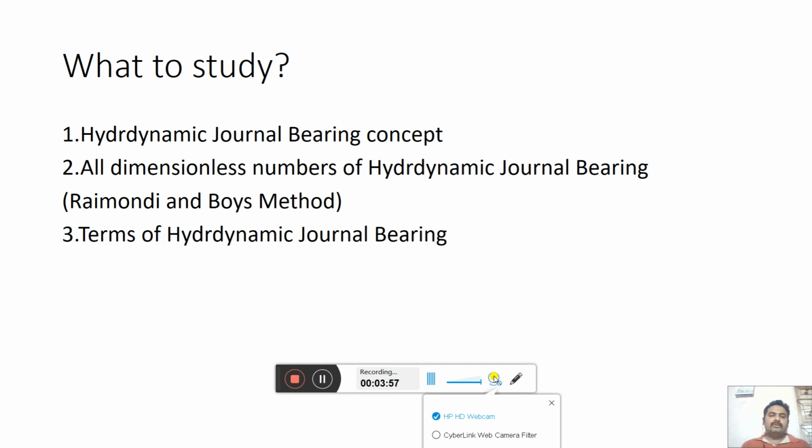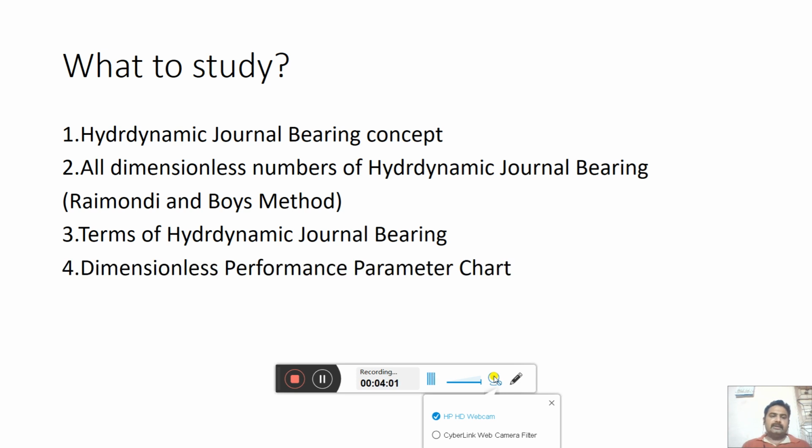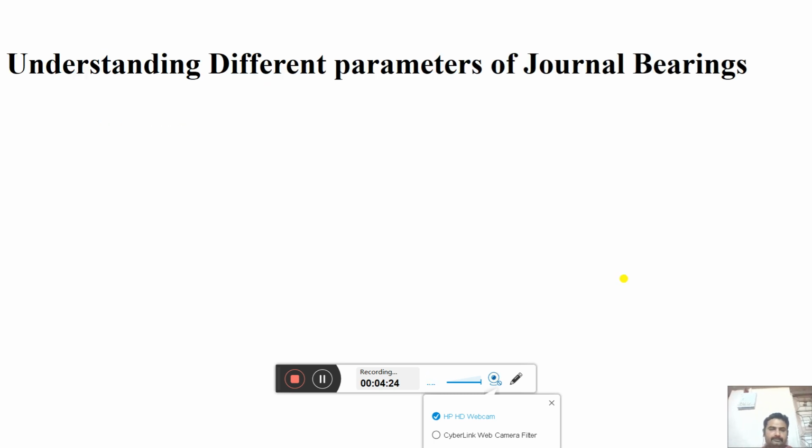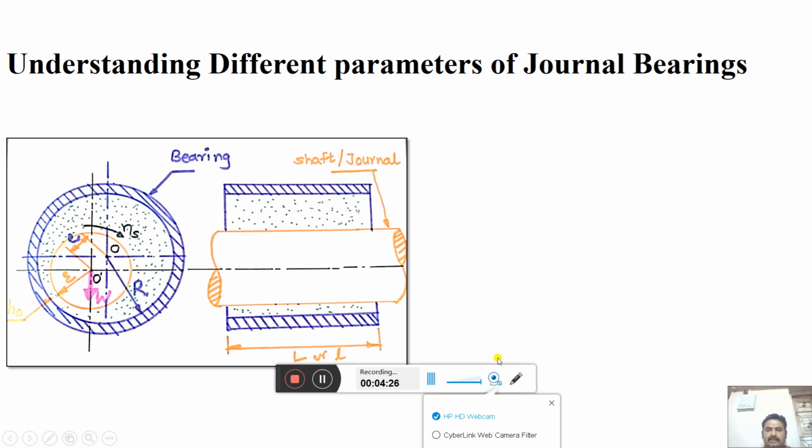Next are the terms of hydrodynamic journal bearing, what different terms are used over there, and then the dimensionless performance parameter chart, how to use that chart for solving numericals. Next is temperature rise in the bearing, and last we will go through the summary. I'm not going through the derivation of each and everything, but I'm going to focus on whatever important things are there. Fine.